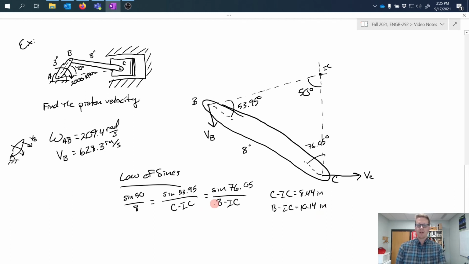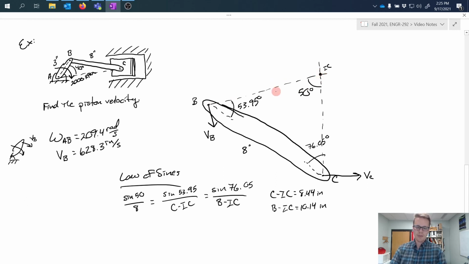Now, what I've got then is a fully specified triangle. And ultimately, again, what I'm trying to find is this velocity VC. And from instantaneous centers, what we know is that the rotational velocity of this arm around the instantaneous center must be equal to the velocity at any point perpendicular multiplied by the perpendicular distance back to the instantaneous center.